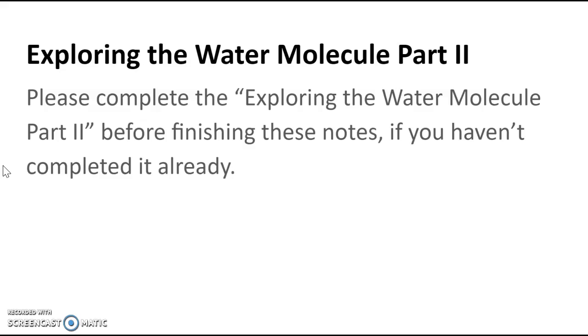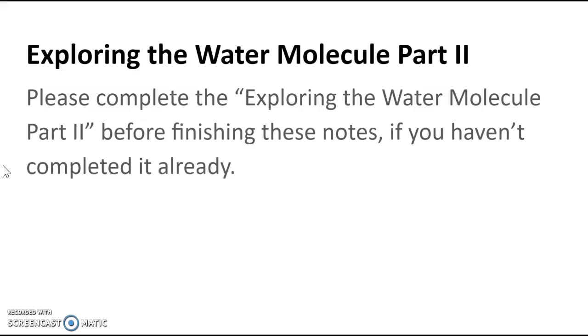So, before you move forward with these notes, I'd really like you to complete the Exploring the Water Molecule Part 2 activity. So you're just going to read two pages on Khan Academy. I think they're really well written, and the images are really, really good.